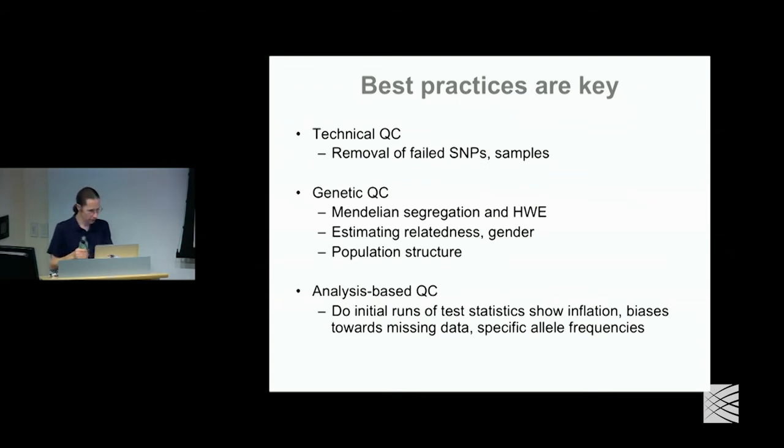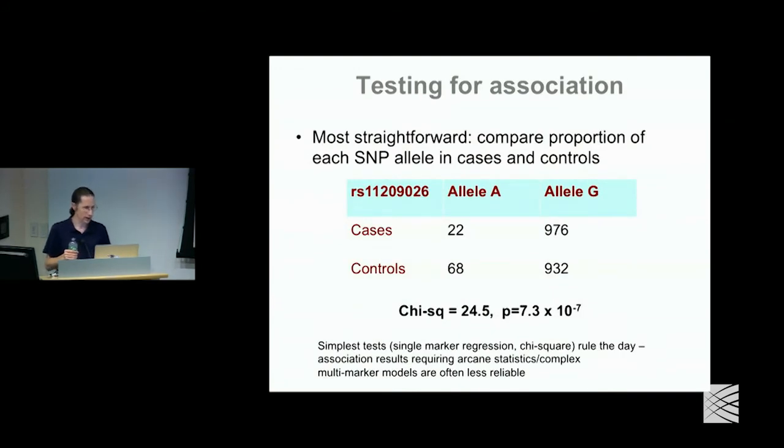At the end of all of this quality control activity, which is about 95% of the work, testing for association, as I said, is actually reasonably straightforward. And despite a whole slew of efforts to make this process somehow more powerful and exciting and interesting, it still remains pretty much the case that the vast majority of insights that we get from genetic studies come from single variant case control comparisons such as this.